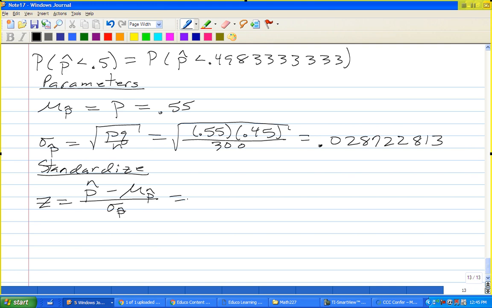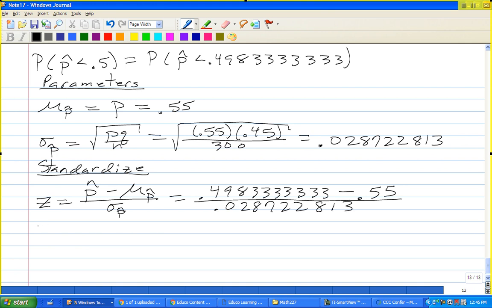And so I have 0.49833 minus 0.55 over 0.028722813. Plug that into your calculator. So you're going to get negative 1.79880245.